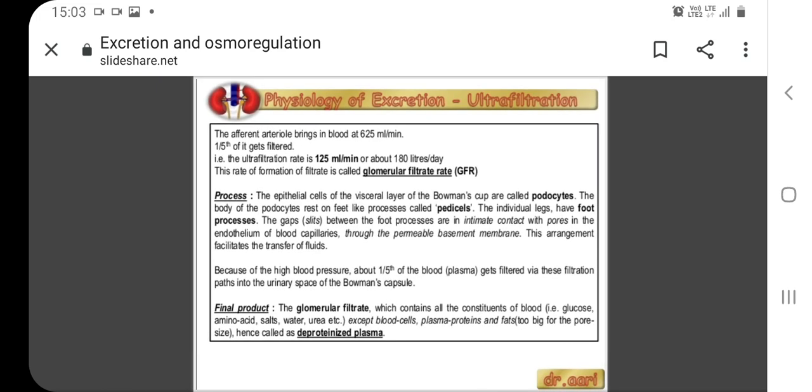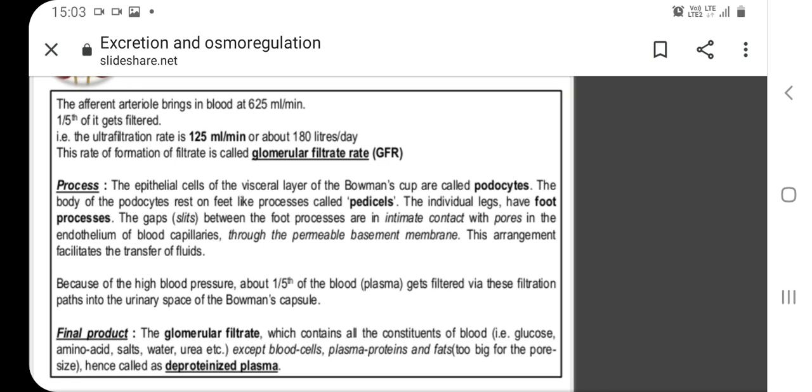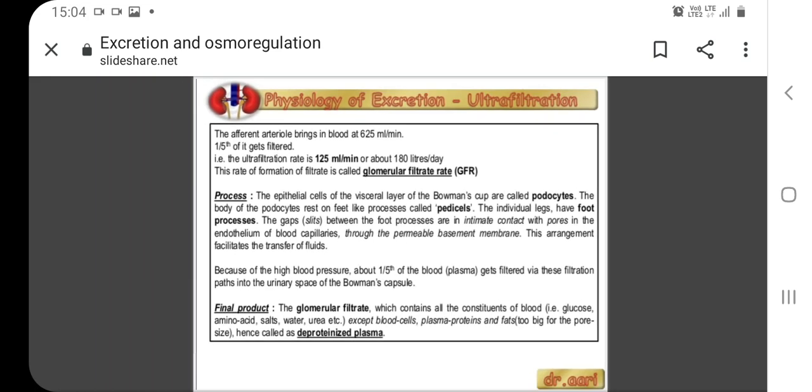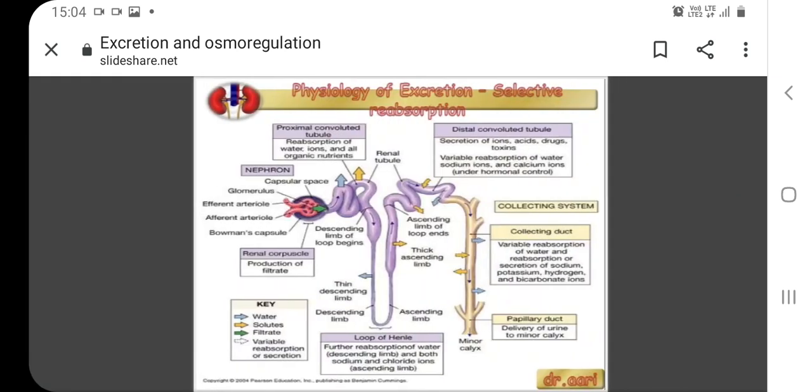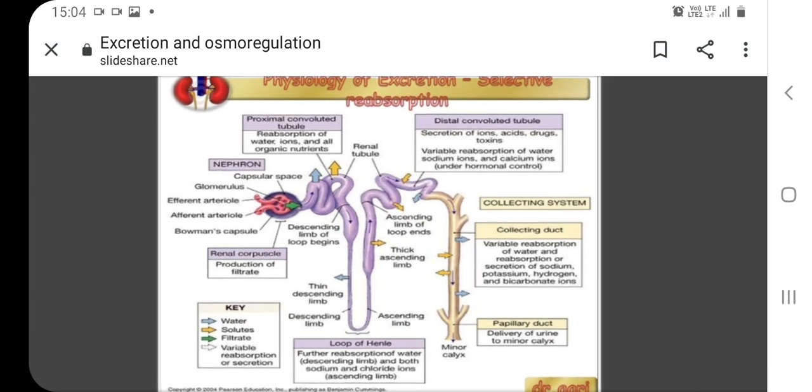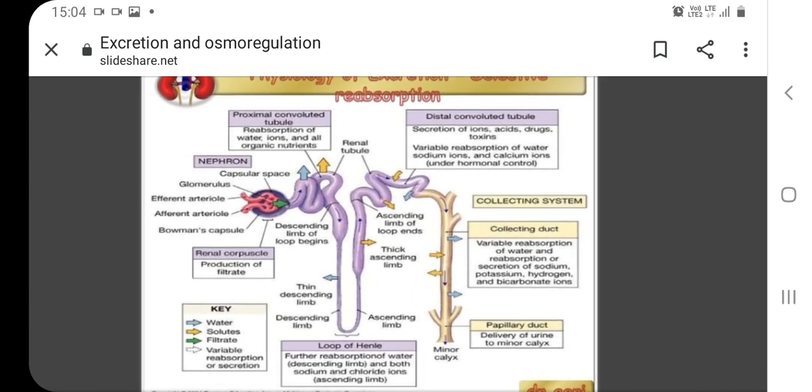Hence, the glomerular filtrate is also called the deproteinized plasma. Now, this is again the picture showing the various regions of the nephron.